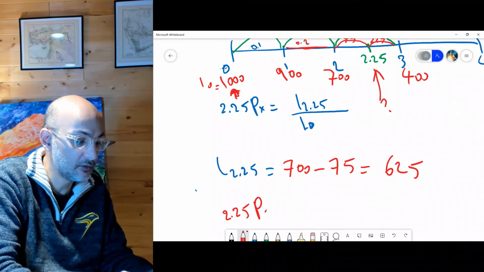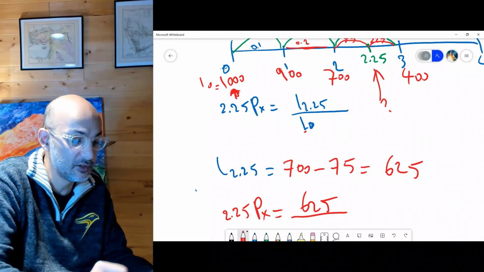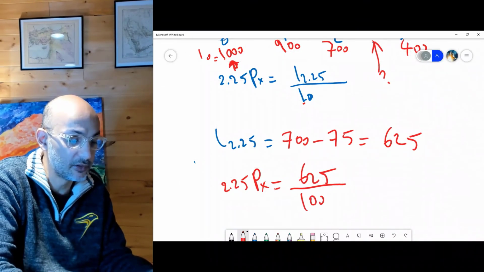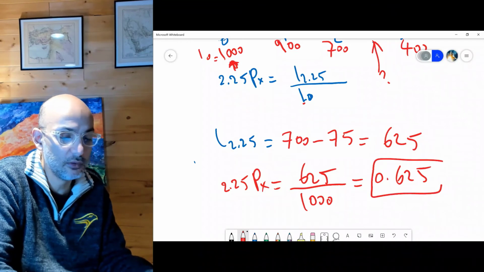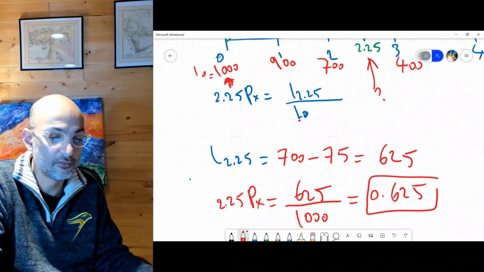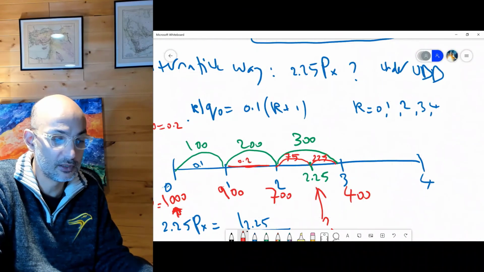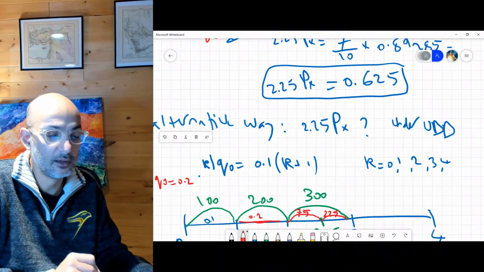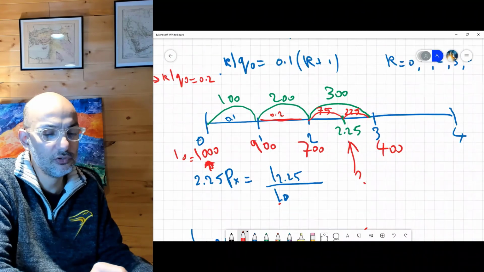So 2.25 p_x is equal to 625 divided by L0, which is our 1000. This should give us exactly the same answer, but this one is without using formulas, using common sense. 625, and you can compare it with the same answer we got here. It's the same thing. So I usually use this method.